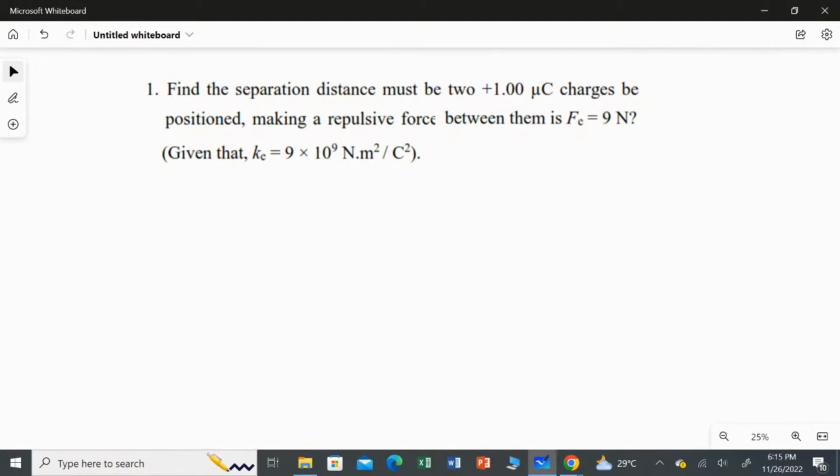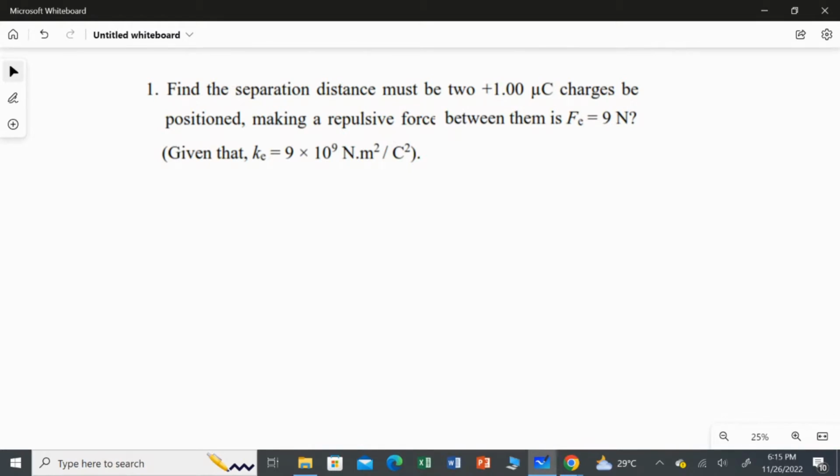So what is given in the question? You have two charges, both having exactly the same value of 1 microcoulomb, and these two charges are separated by some distance, and the force is repulsive, right, because both are positive charges. That means the repulsive force is mentioned as 9 Newton.